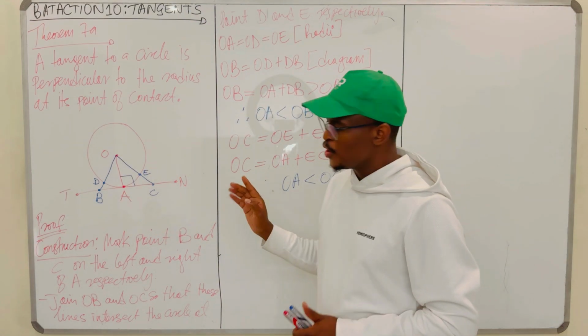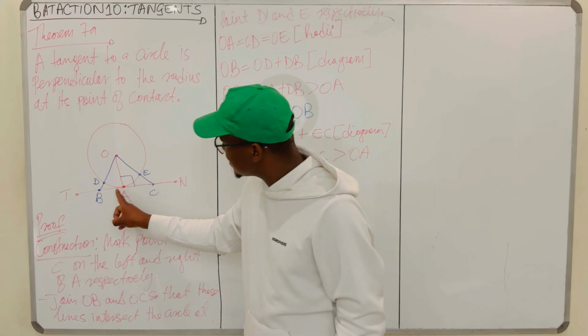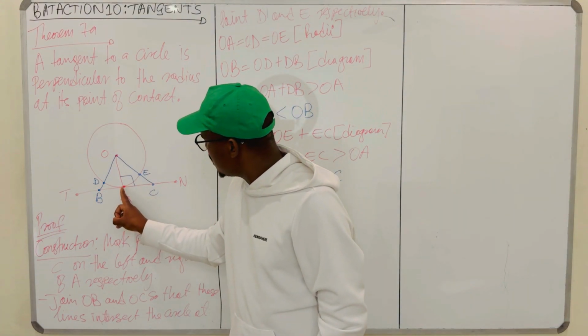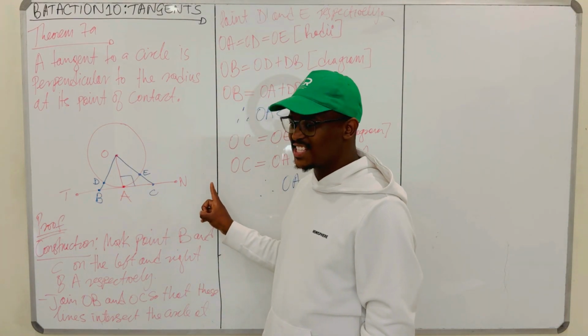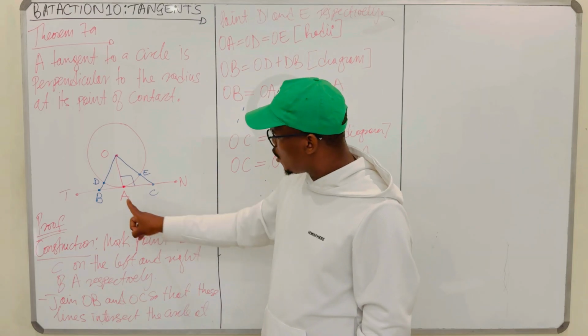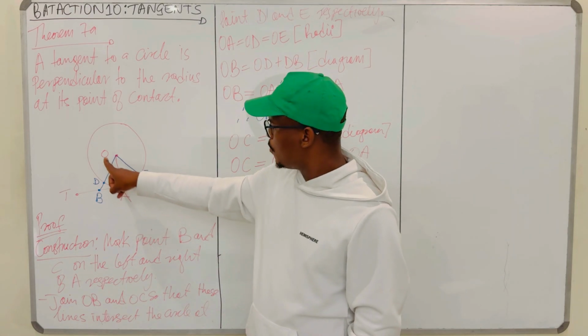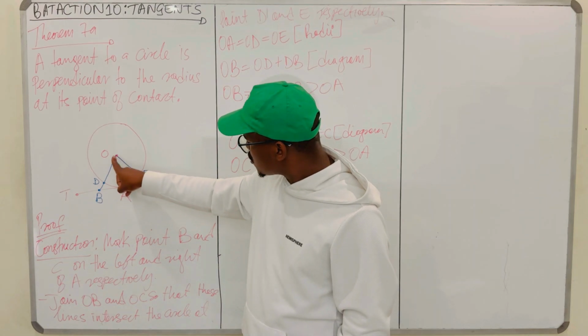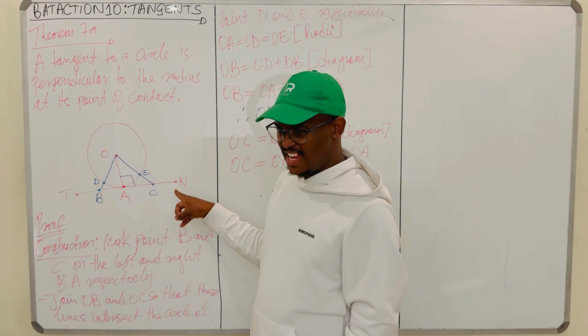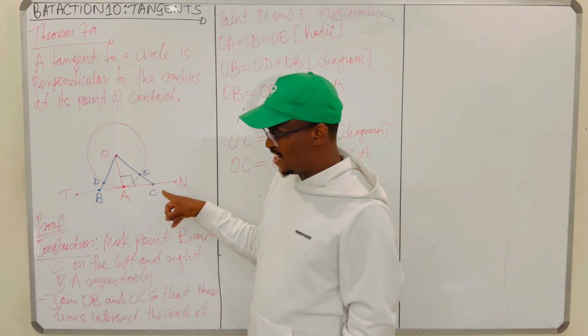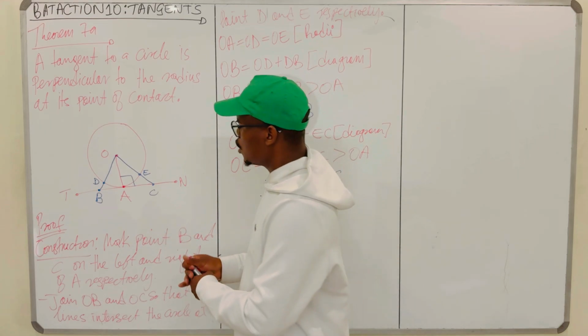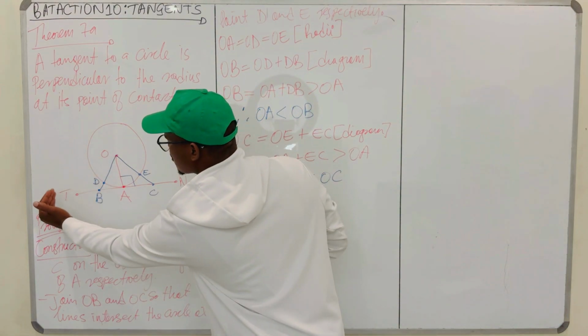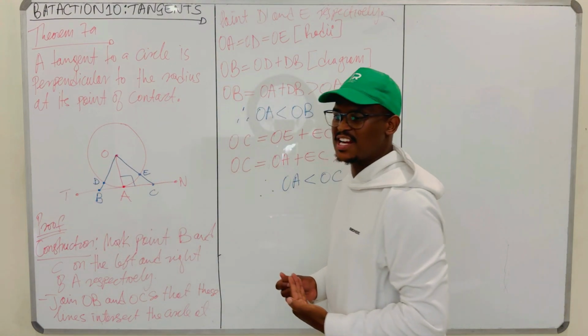Do you understand? So if your OA is smaller than all the distances on the left hand side and on the right hand side, it means OA is the shortest distance from that point over there to this line TN.